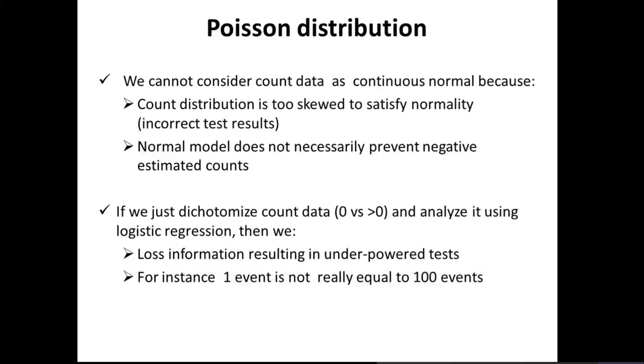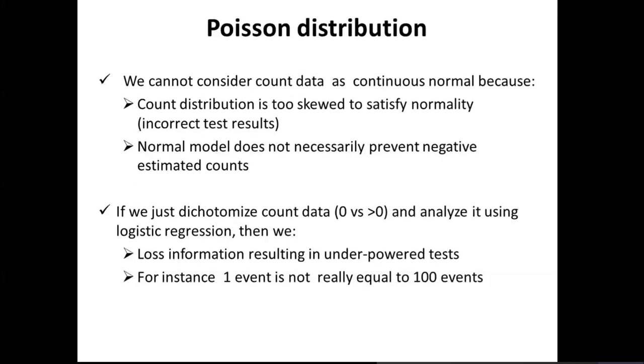It depends on the culture, the ethnicity, whatever. For white people, it could be larger, 600 or 700. For us, it could be 500. So a CD4 count of less than 500 can be 0. So you can dichotomize and use logistic regression, but you are losing information because you are considering the one who has a CD4 count of 100 and 400 equally as 0, which is unfair. So dichotomizing or grouping the continuous or count outcome variable is not fair.